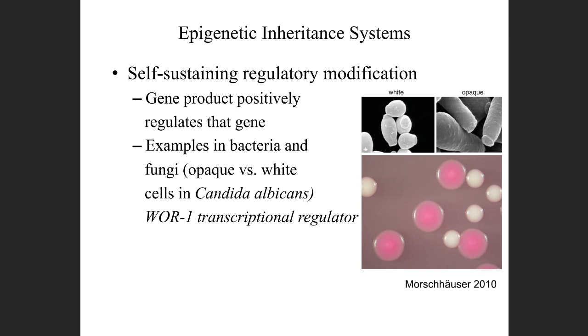And that's going to happen when you're reproducing sexually. So it might be that opaque is a better form to be in when you're under attack by a host immune system. But I don't know what the trade-offs might be for the white form.